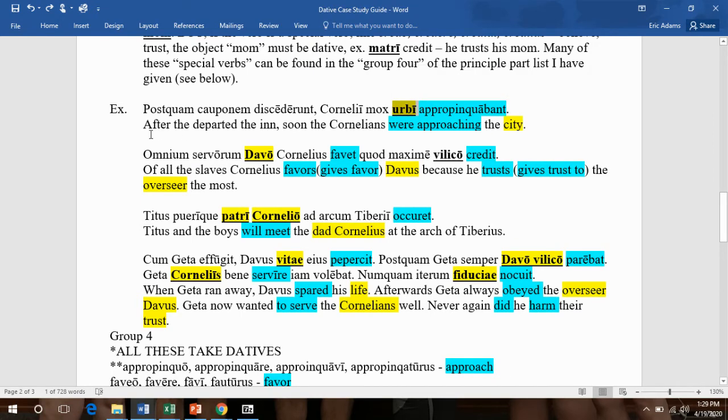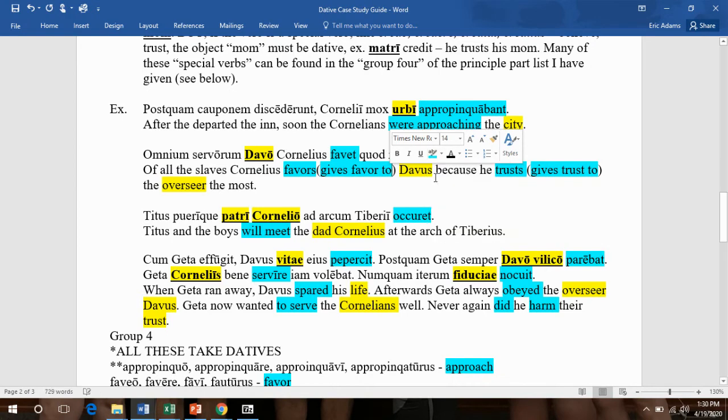Third conjugation. Omnium servorum, Davo Cornelius favet. Of all the slaves, here is your genitive, part of a whole, so of them all, Cornelius favors, or you could say gives favor to Davus. And so I'm going to add the 2 there that's built in. So he favors or gives favor to Davus.